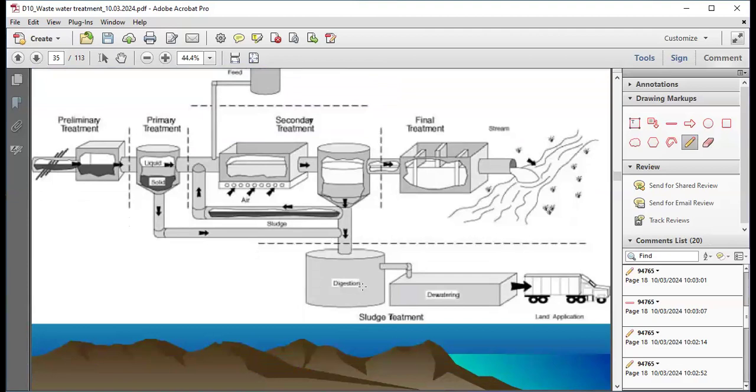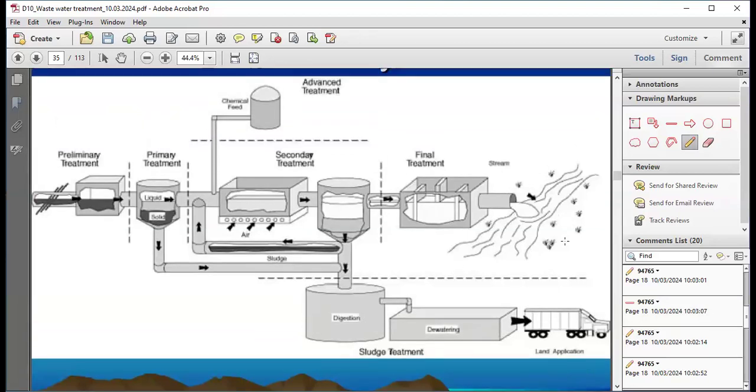Likewise, sludge also has digestion. Digestion is important in our body also. The sludge treatment and land applications. Sludge converted as fertilizer, right? This is the second treatment, final.